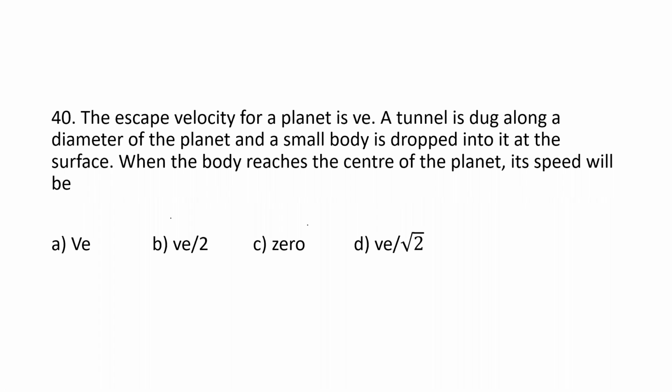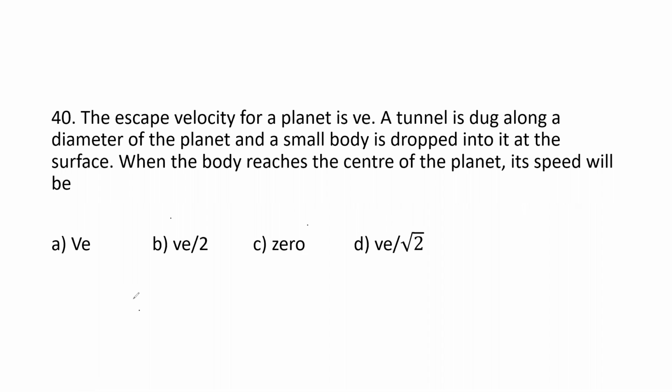When the body reaches the center of the planet, its speed will be. So what happens to the speed? We need to calculate this for a planet having escape velocity VE with a tunnel dug along its diameter, and a small body dropped into it at the surface.